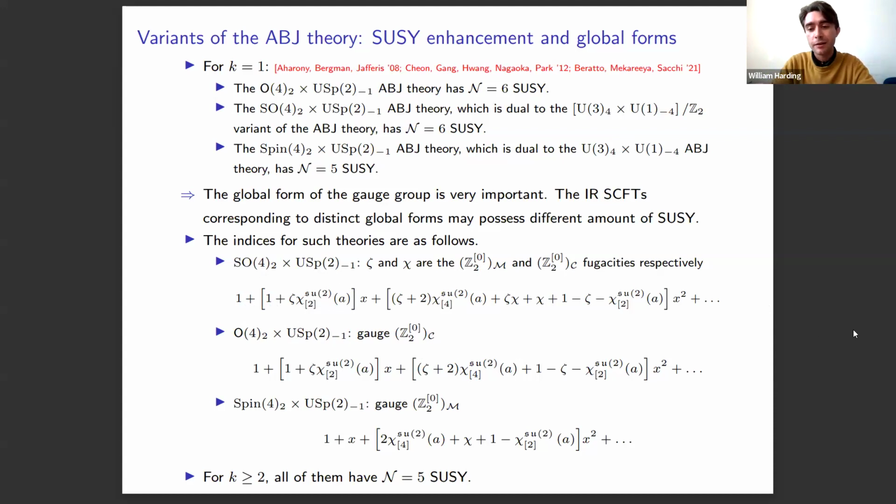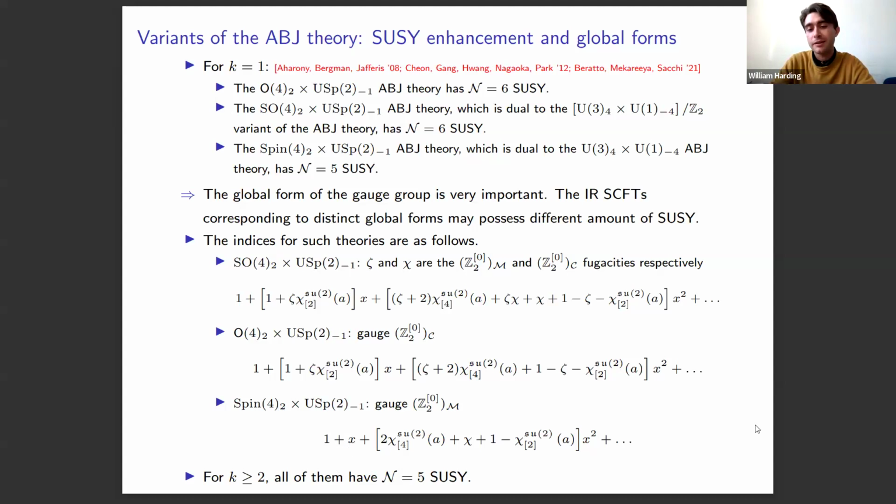And indeed, by studying the index in more depth, for the SO4 level 2 times USP2 level minus 1, and for the O4 level 2 times USP2 level minus 1 gauge theories, we find that they actually possess n equal to 6 SUSY. On the other hand, if you look at the index for the spin 4 case, you see that the coefficient at order x is equal to 1.